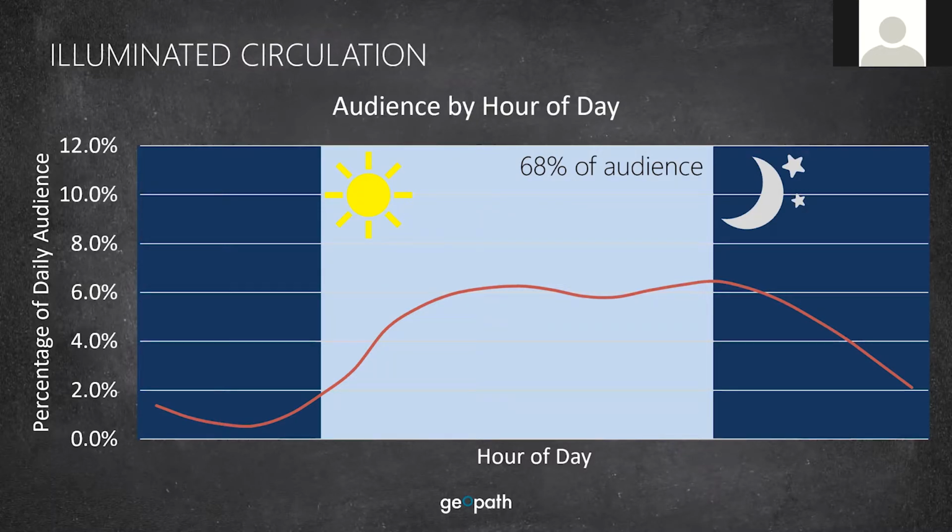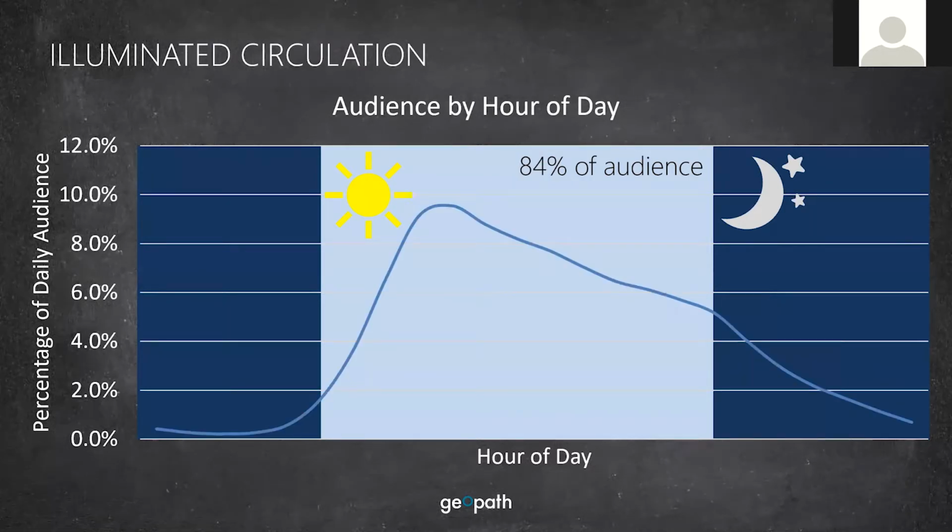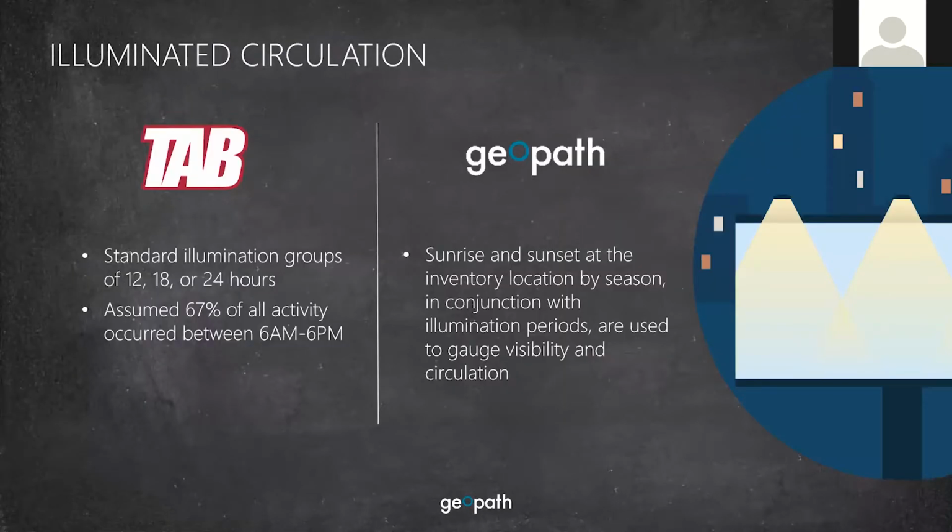Going south to Washington, D.C., this is a transit shelter from the Washington Mall, and 84% of audience occurring during the daylight hours of 6 a.m. to 6 p.m. So just very different patterns, and one where some of the baseline constants that we use in our existing methods just don't reflect the precision that we're able to pull out of it. So we're going to see some changes there, which is exciting.